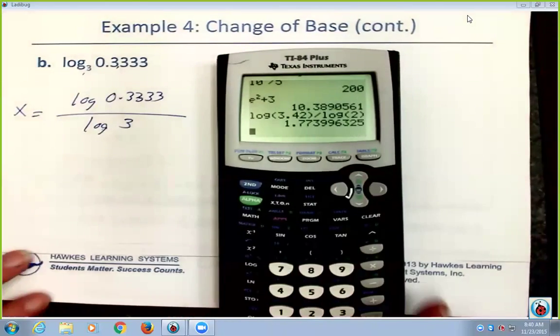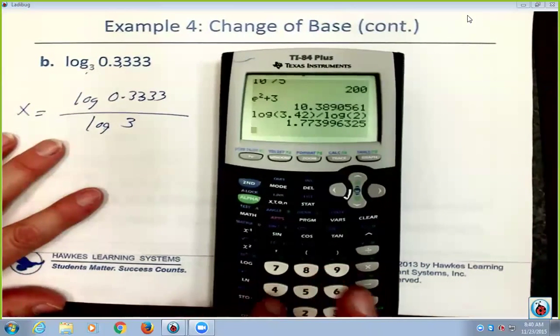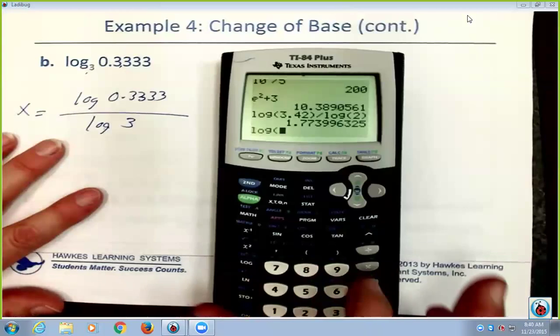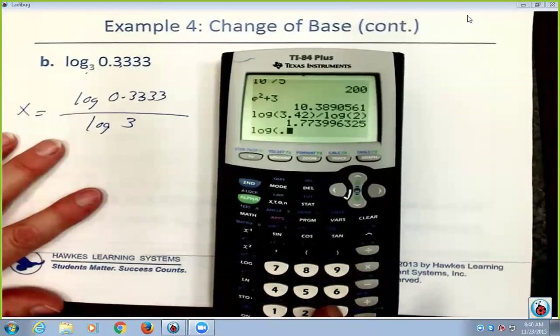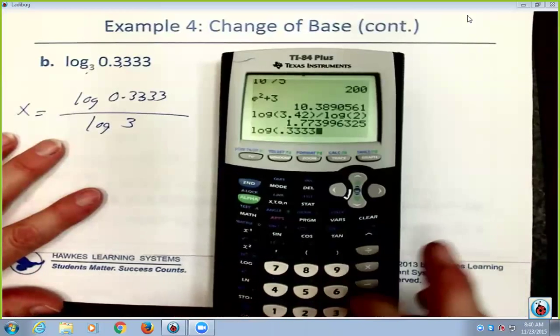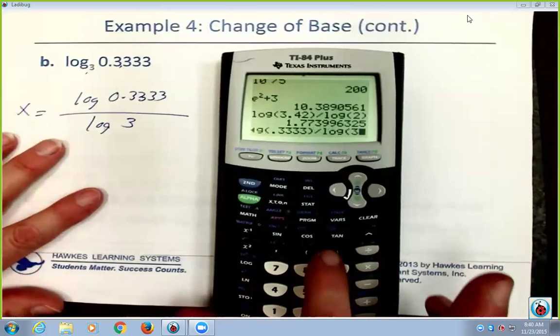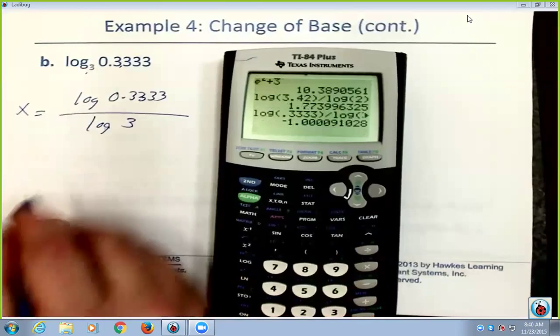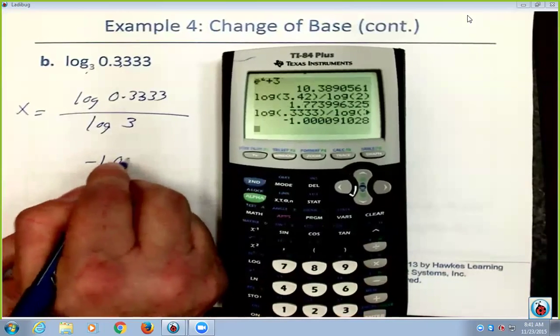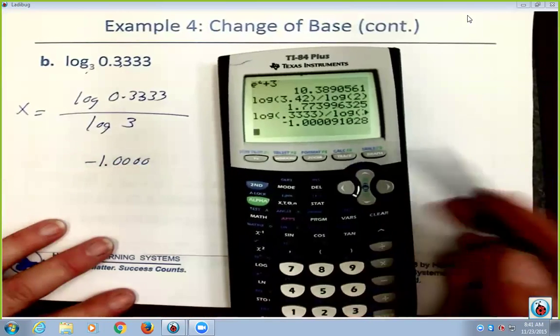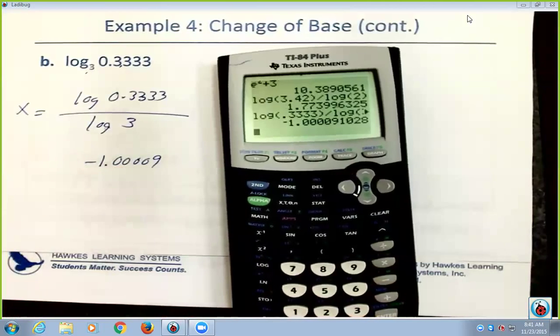And so what would we end up with? So I have log(0.333343) divided by log(3). And I get negative 1.00009 would be my solution to that one.